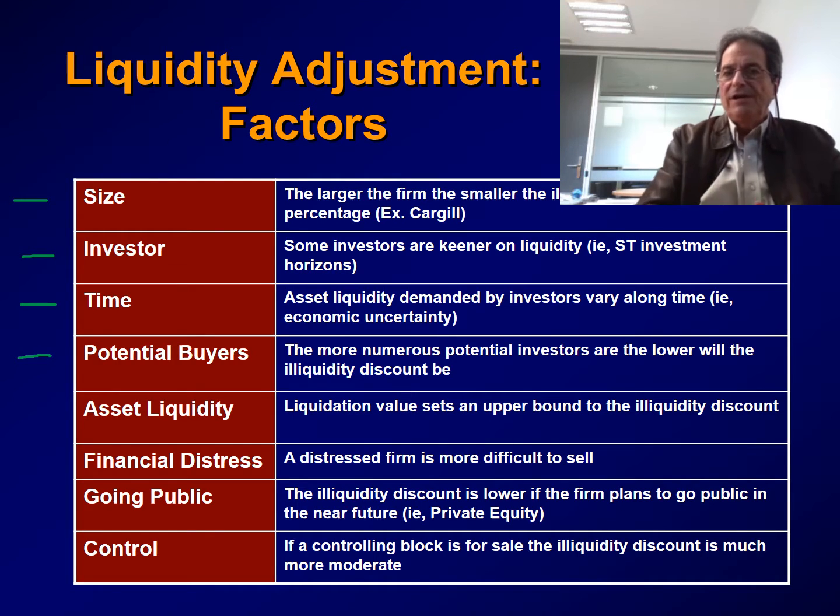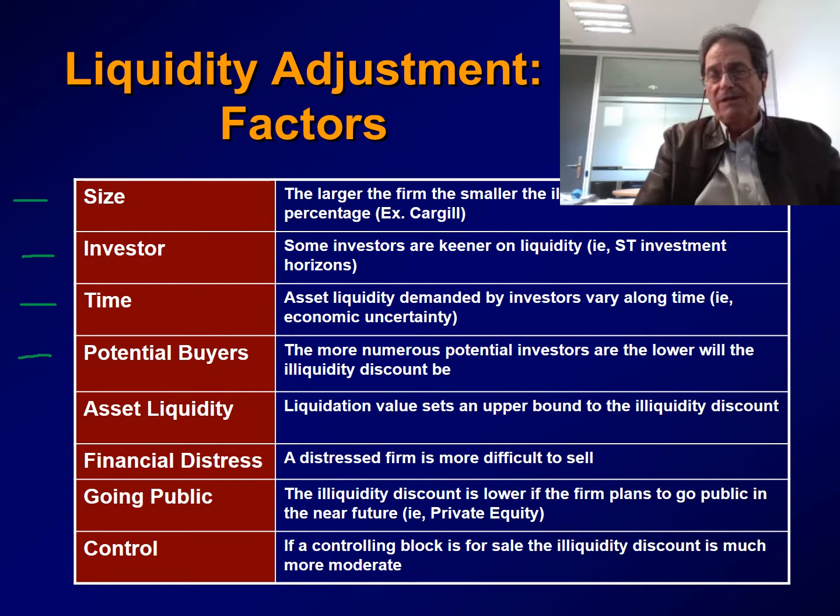Potential buyers. If we are dealing with a company that has a very large number of potential investors who are interested in buying shares, then of course the illiquidity discount will be smaller. Asset liquidity.